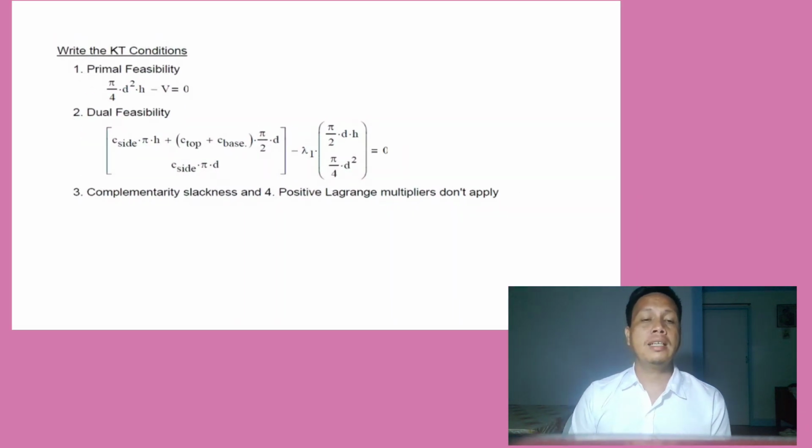So we have to write the KKT conditions. First is the primal feasibility, which is pi d squared over 4 times the height minus the volume equal to 0.